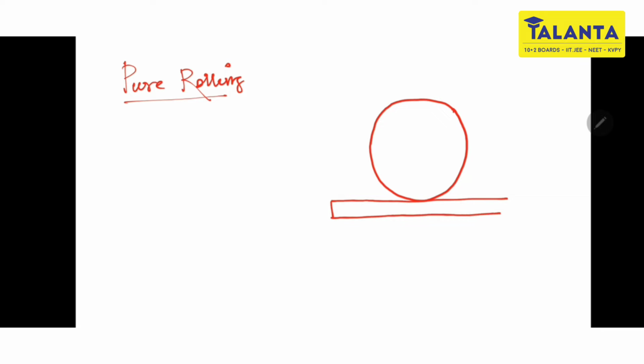Let's see an example to understand it better. Now consider a sphere of radius r which is rolling on a plank which is also moving.